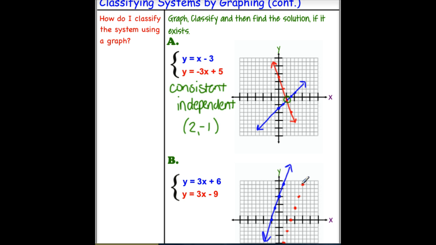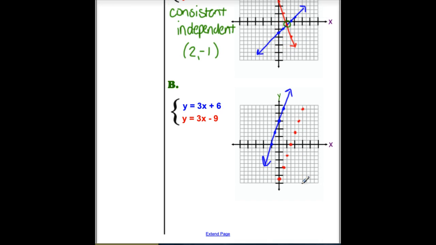And I see here that my line, as I draw it, is parallel to the other line, which means they're never going to intersect. So that means that my system is inconsistent.